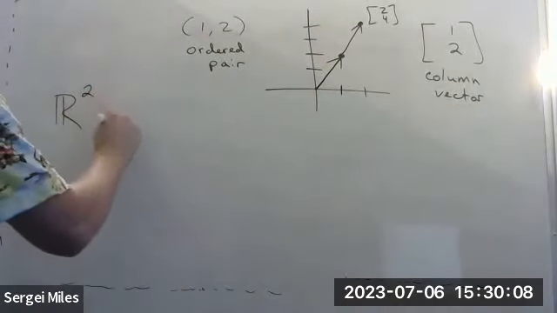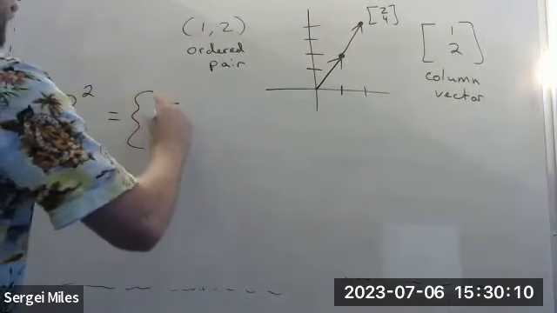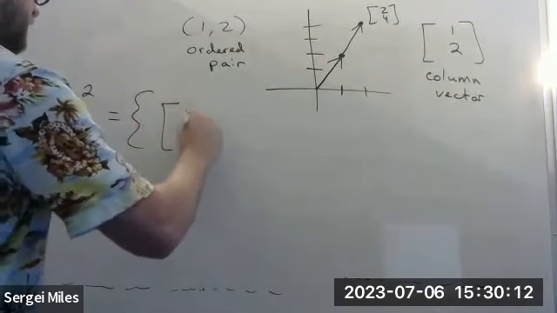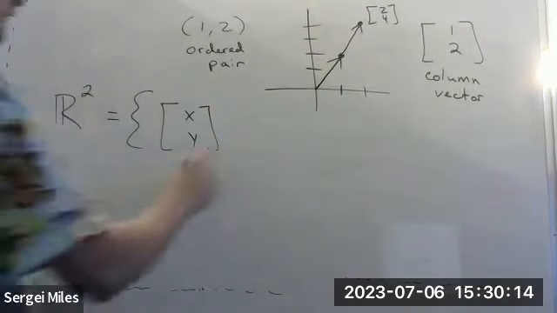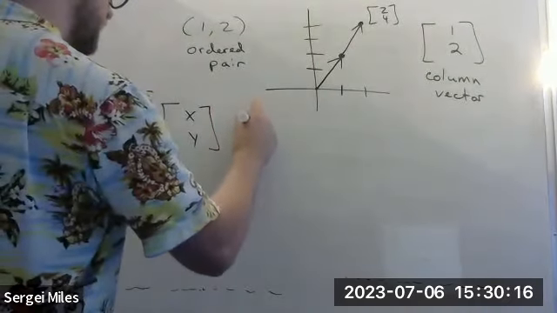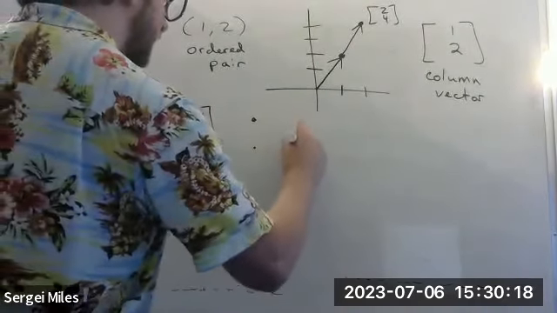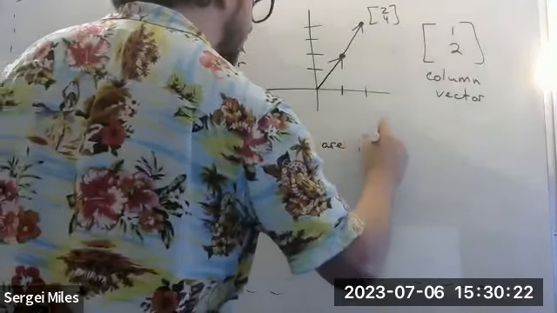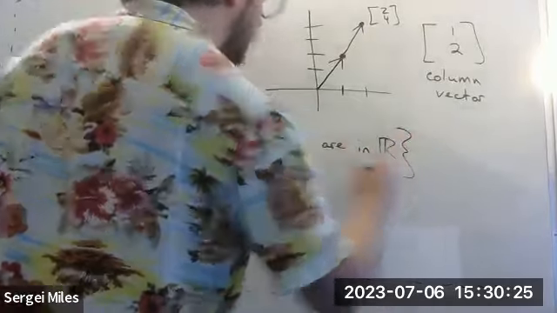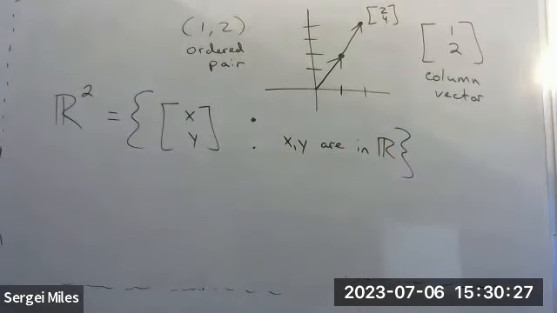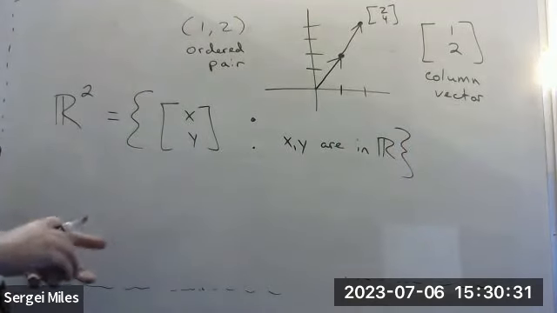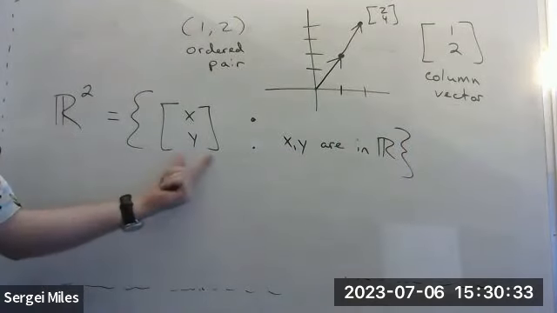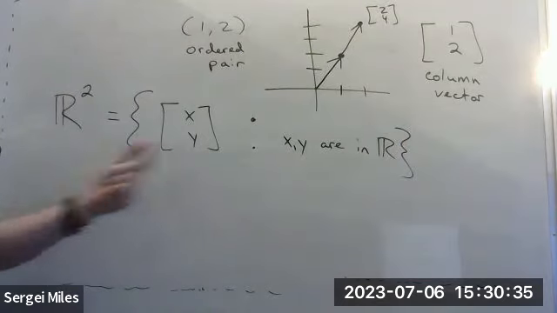Or put another way, we could say it is the set of all possible column vectors such that X and Y are in R. In other words, X and Y are real number constants. So we can represent R2 in this way, and everything in R2 can be represented as some kind of vector.